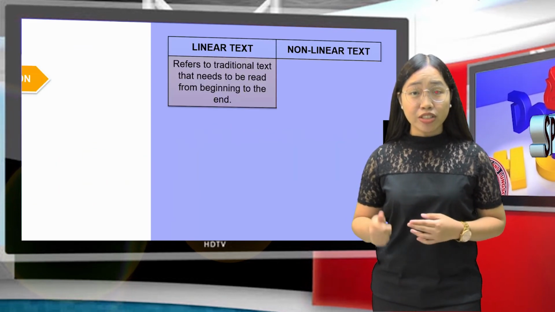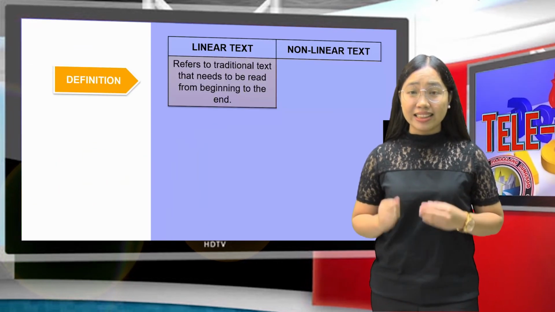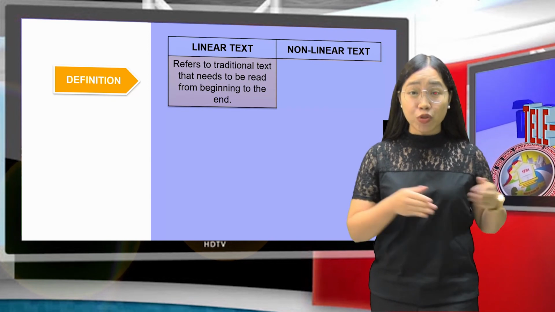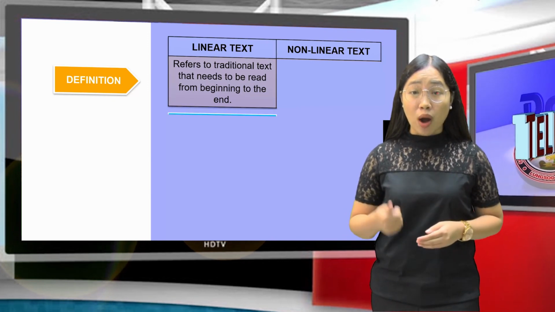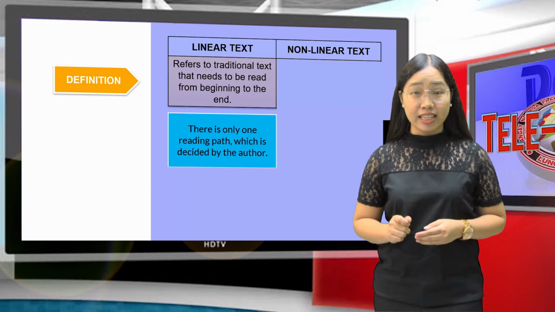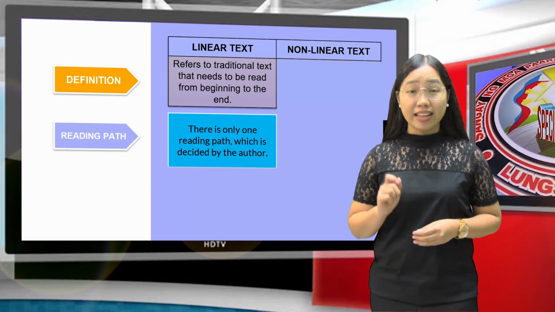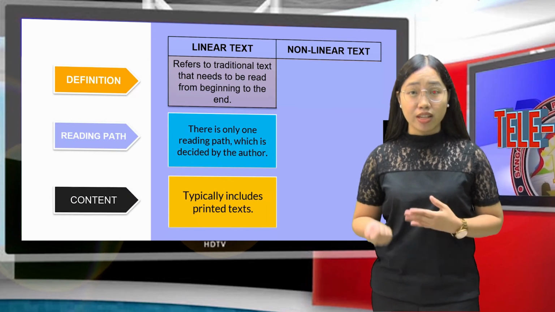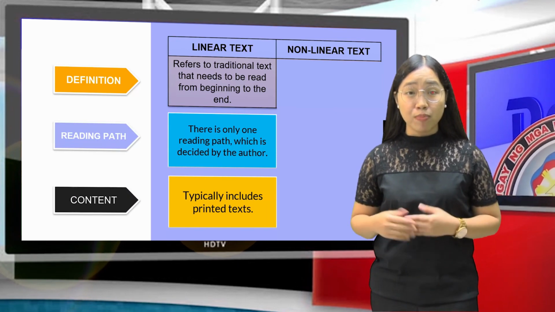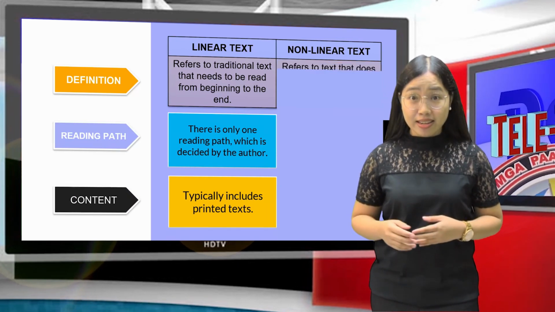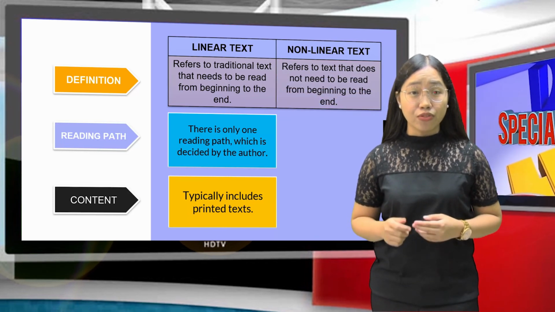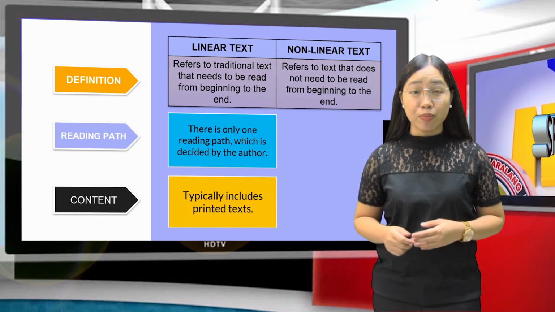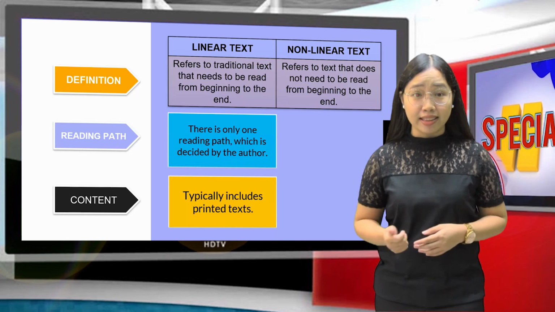Linear text refers to traditional text that needs to be read from beginning to end. There is only one reading path, which is decided by the author. It typically includes printed text such as novels, short stories, and poems. On the other hand, non-linear text refers to the text that does not need to be read from beginning to the end.